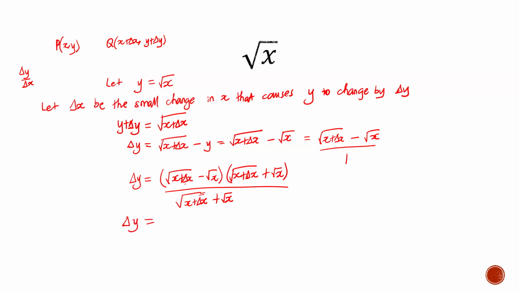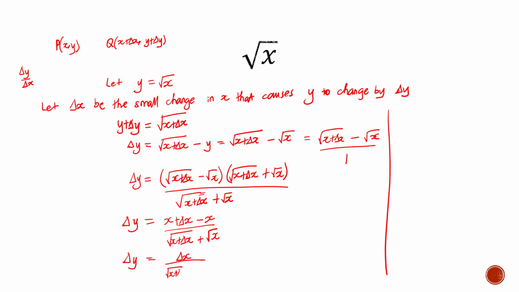So we'd have the difference of two squares. So this is the same as x plus delta x minus x, out of the square root of x plus delta x plus the square root of x. And so delta y is equal to delta x out of the square root of x plus delta x plus the square root of x.